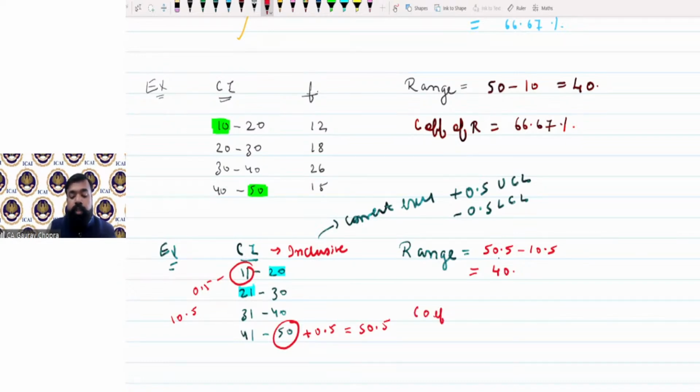And then what is the coefficient of range? The coefficient of range will be the same: H minus L upon H plus L, and then multiply by 100.